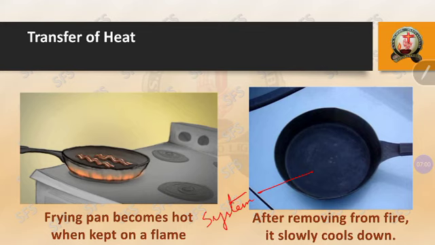So whatever is present outside, that is the air which is present outside, we can generally call it the surrounding. The air which is moving continuously, we can only feel it, we cannot see it, right? So we can consider that as a surrounding.